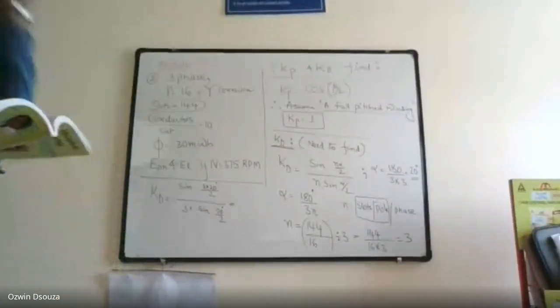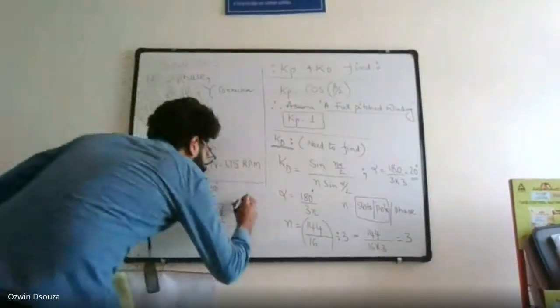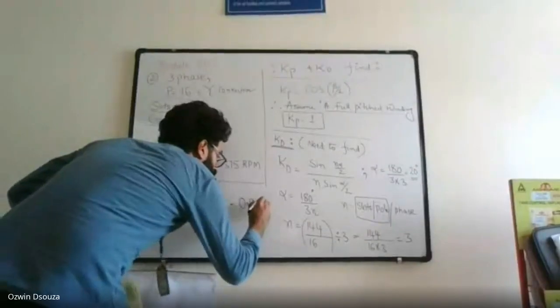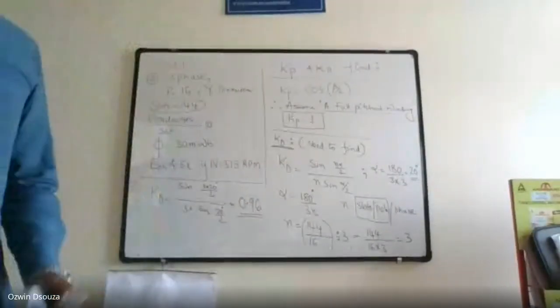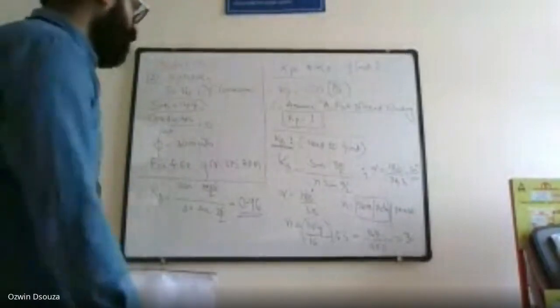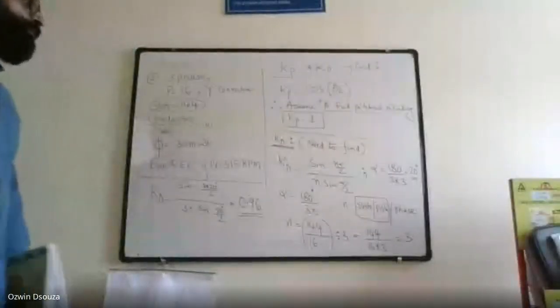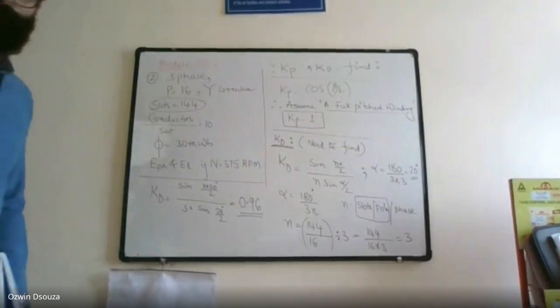So substitute in your calculator and tell me how much you will get in Kd value. 0.96 is given in the book. Just cross check and let me know. Is it fine? 0.96 or let's say 0.9599, you may get it. That's fine.